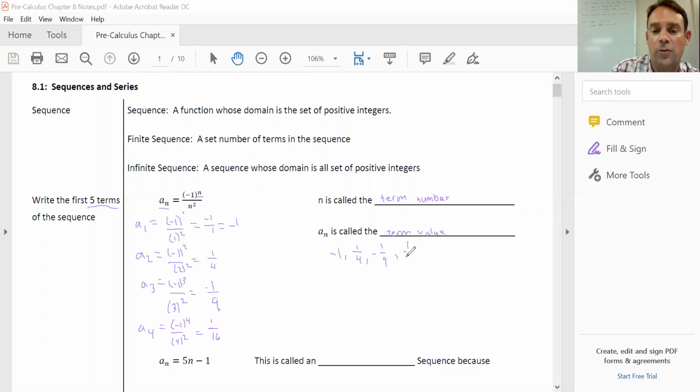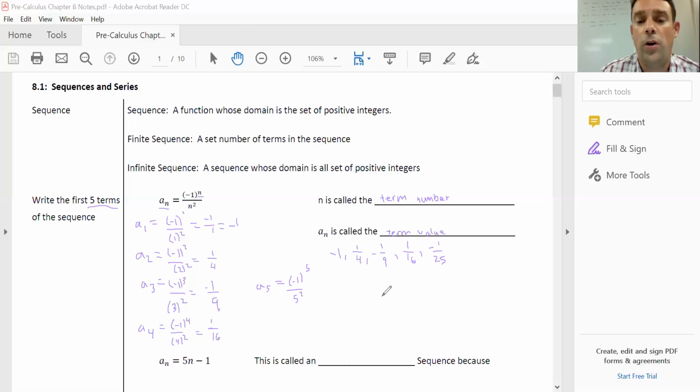And you kind of see us going back and forth between positive and negative, with all these different squares. And a sub 5 would be the fifth term in this sequence. So -1⁵ all over 5 squared. And we end up with -1/25.